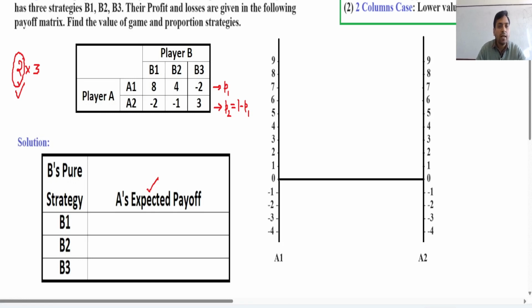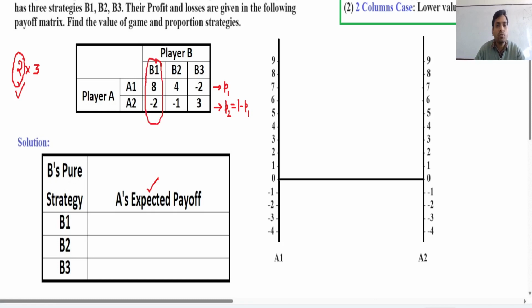Player B's strategies are greater in number, so we will create pure strategies for them. The first strategy is this one, B1 for player B, and this is with the combination of A1 and A2.